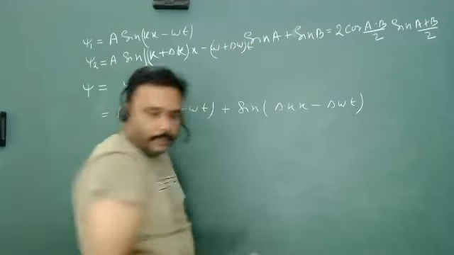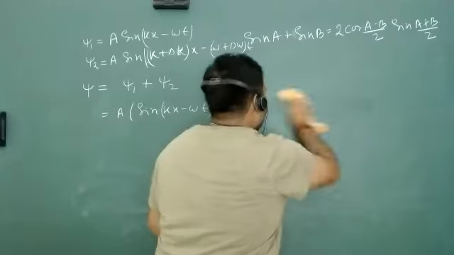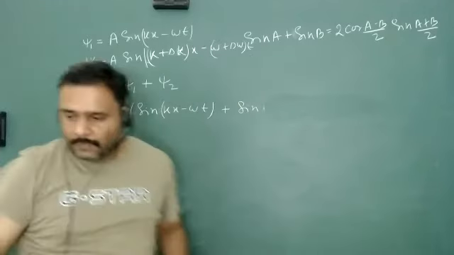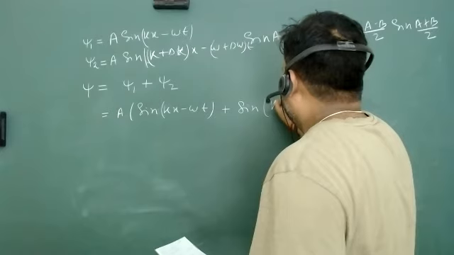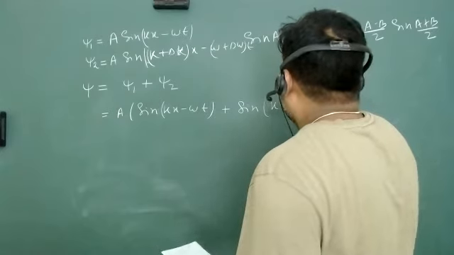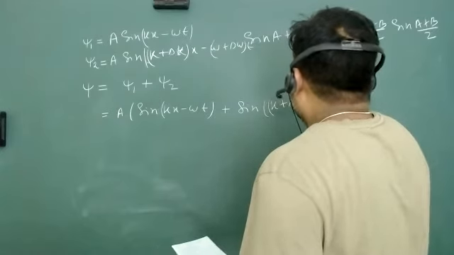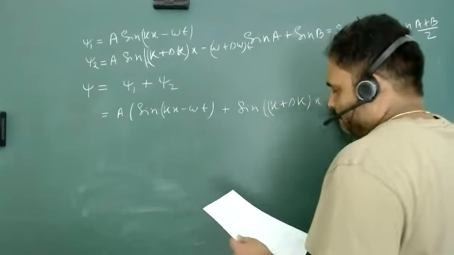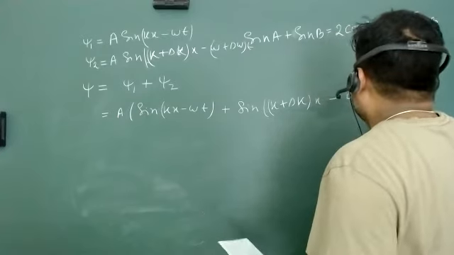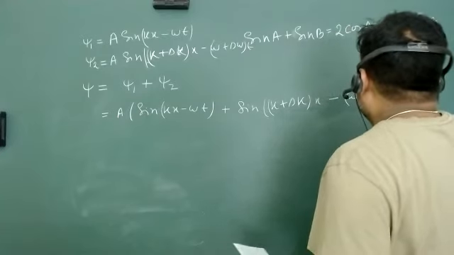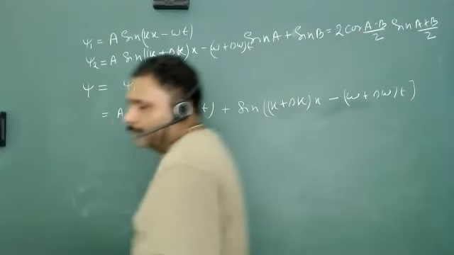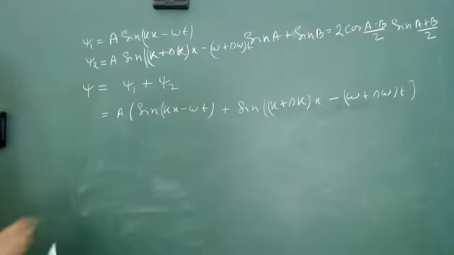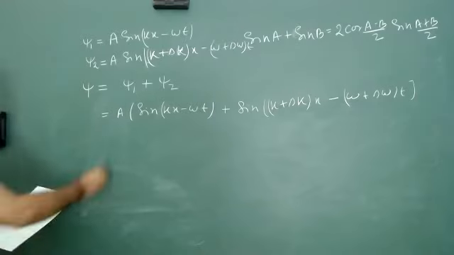So I can again write this, just correct yourself: this will be (k plus delta k) into x minus (omega plus delta omega) into t. You can use this formula, sin A plus sin B. I am writing it directly.